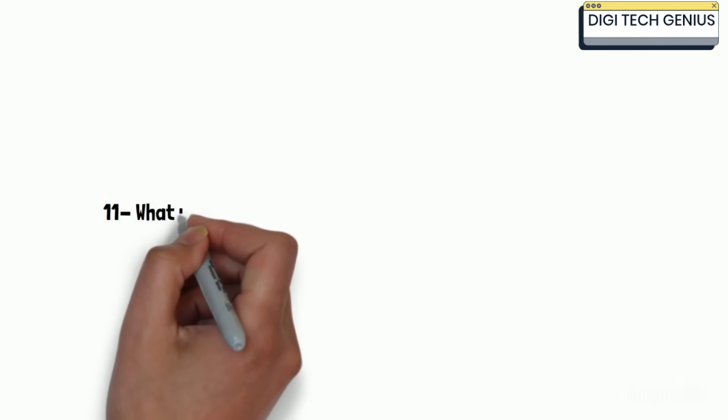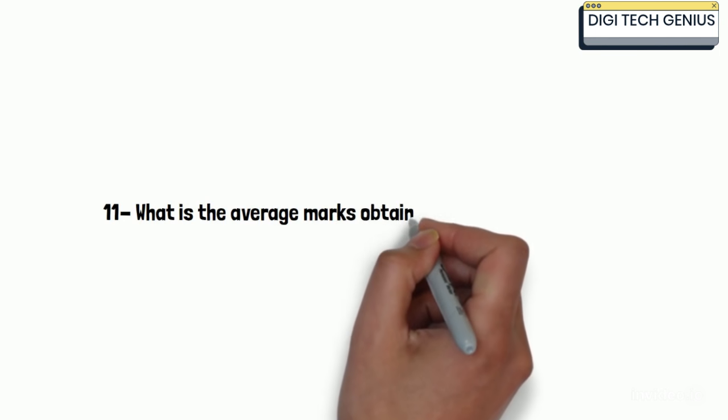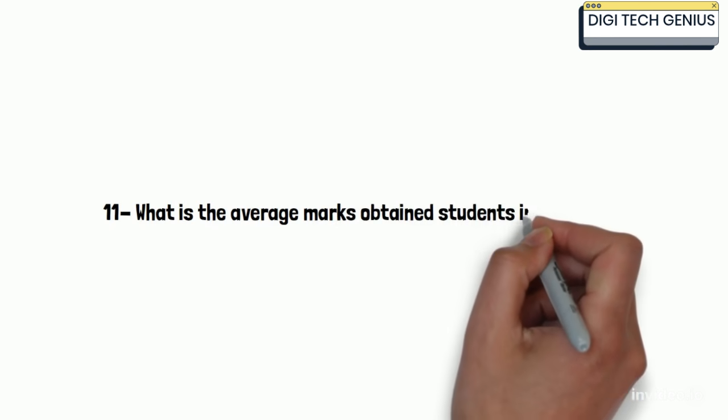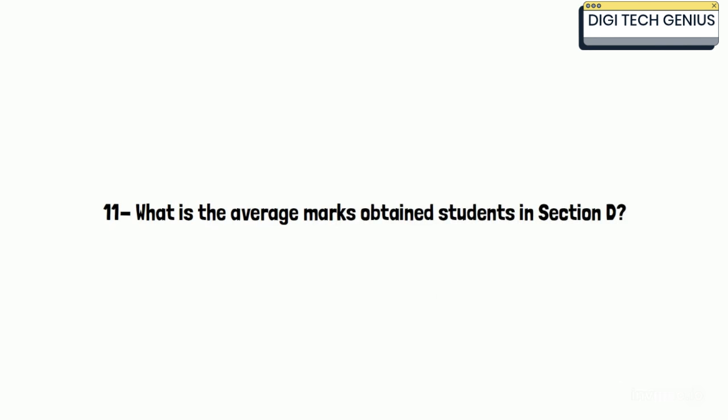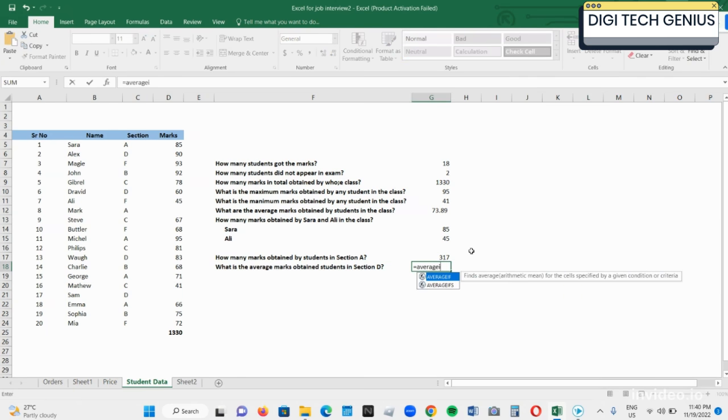So now the final and 11th question for this sheet is: what is the average marks obtained by the students of any particular section? Let's see how we could find out the answer to that. To find the answer to the final question, we'll use the formula AVERAGEIF, and it's asking you to select the range. Basically, from here it will extract the initial information.